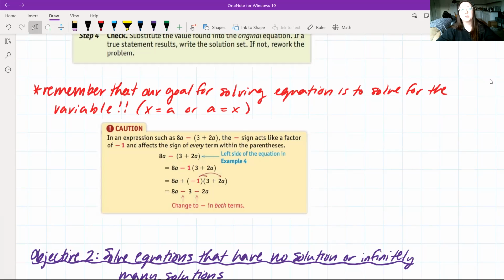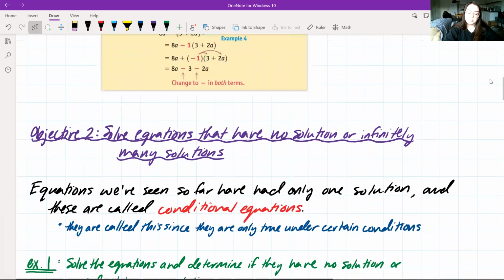So we'd end up distributing a -1 in that case. So we can think of it in those terms as well. And then that would change both signs in this case. So our final answer would end up being 8a minus 3 minus 2a. So it does change those terms. So just be careful of that when doing problems.